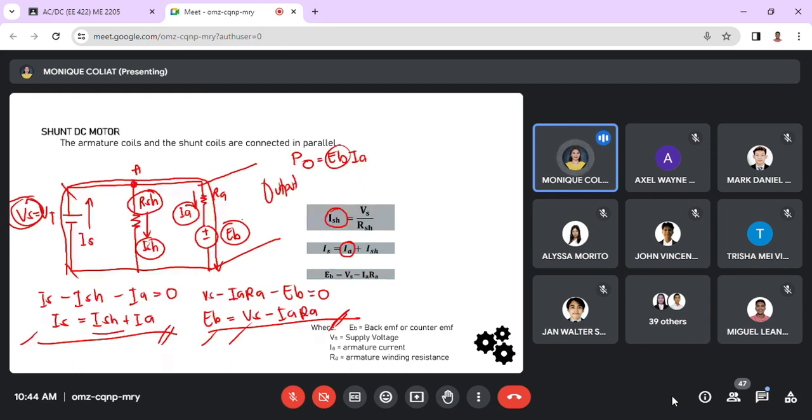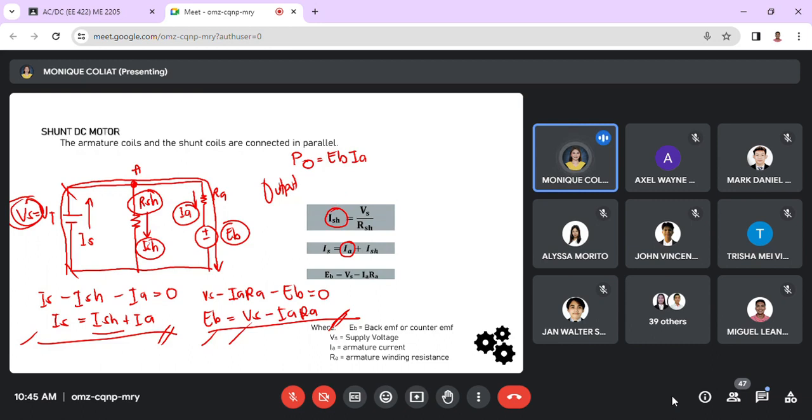Or tinatawag din siya na armature power developed. Kasi di ba nandito yung armature natin sa last part. So, if the question is, find the armature power developed, that is PO. Okay, or output power, which is EB times IA.